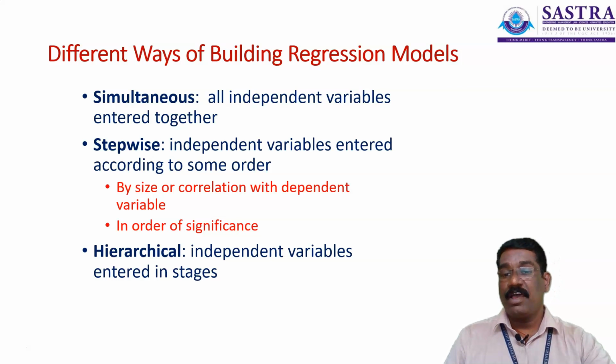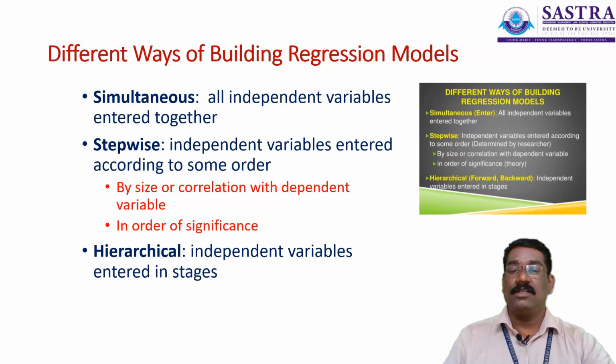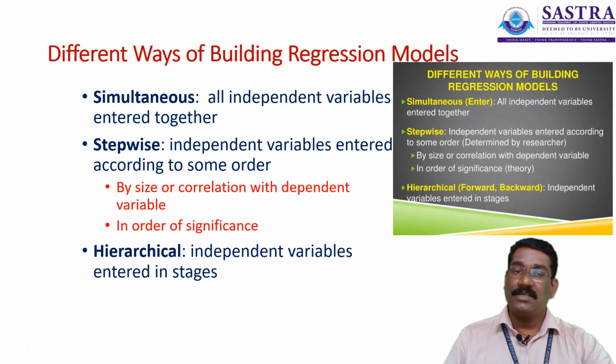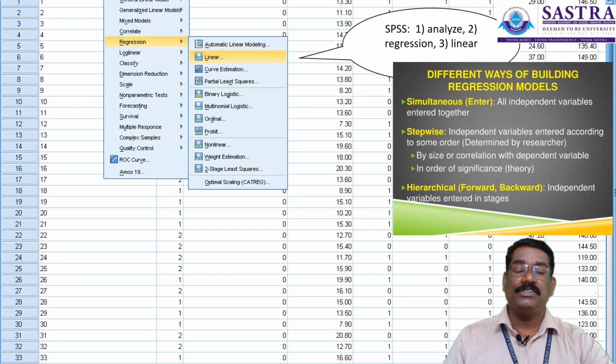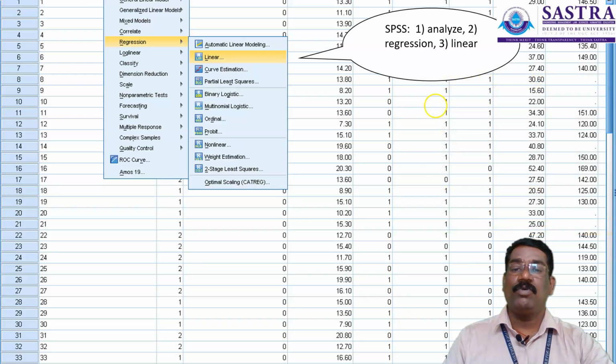And also we have the hierarchical method, where independent variables are entered in stages. These are the three methods, but we are going to talk about the simultaneous method. We call it the enter method, since all independent variables are entered simultaneously. Let's move on to using this.